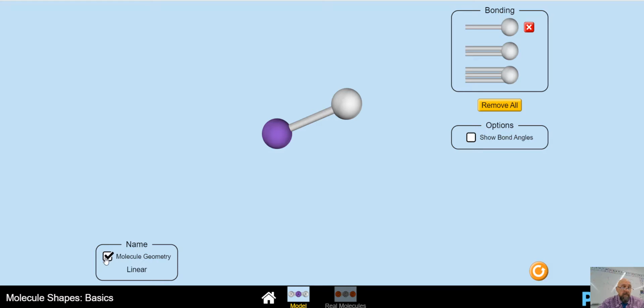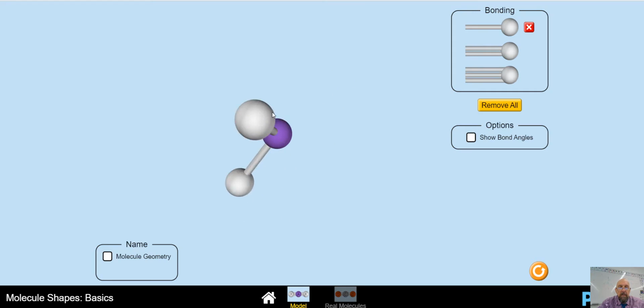It is, it's in a line. If I ask you what the bond angle is, it doesn't even show one here because there isn't any, but it would be 360 degrees if it were able to show that. So that's an atom in the middle with one bonding set of electrons, and here's our bonding set of electrons here.